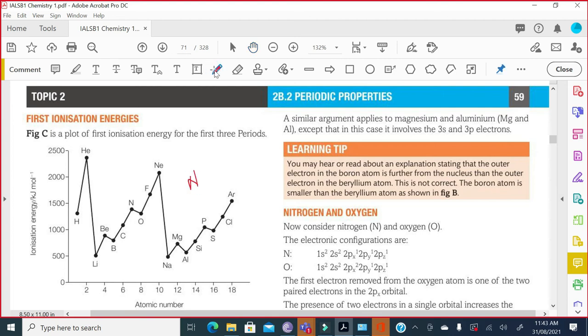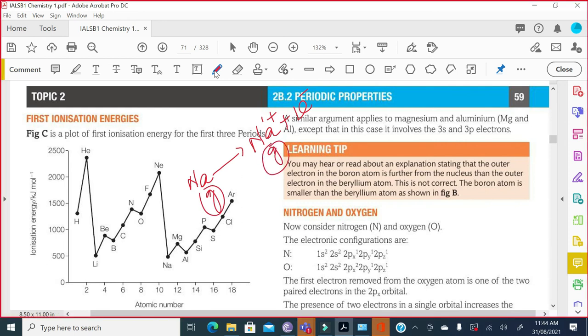Sodium is losing an electron and changing into sodium plus 1, with one electron being lost. This is all in the gaseous state.